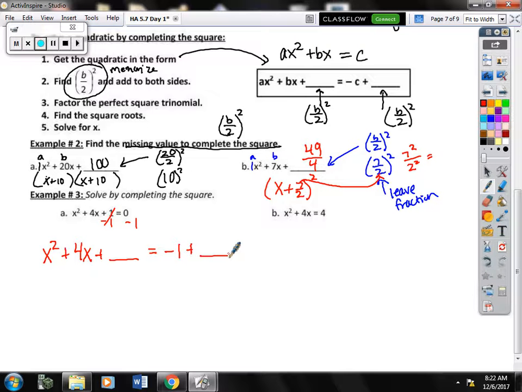To figure out what that something is, I'm going to use my b divided by 2 squared formula. So b is 4. So this would be 4 divided by 2 squared, which will get me 2 squared, which will get me 4. So I'm going to add 4 to both sides of the equation.